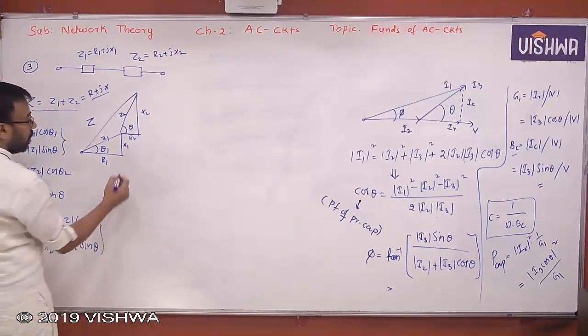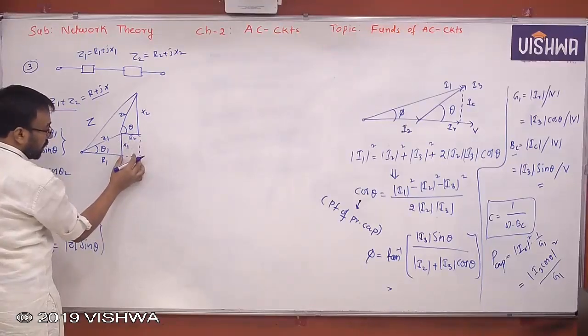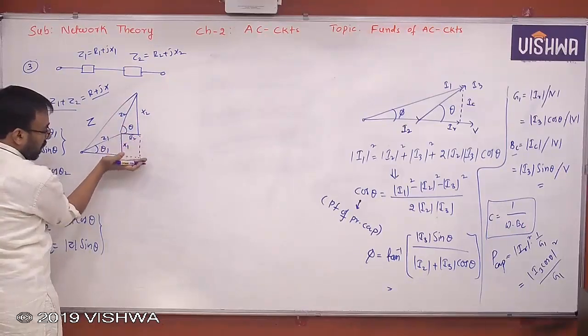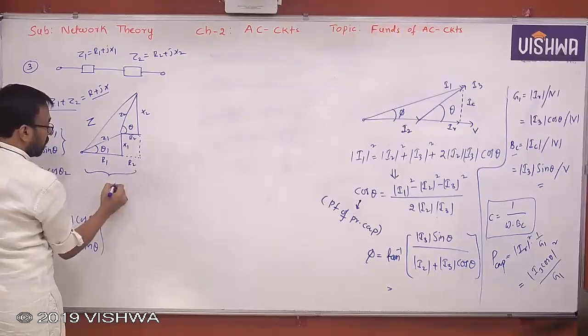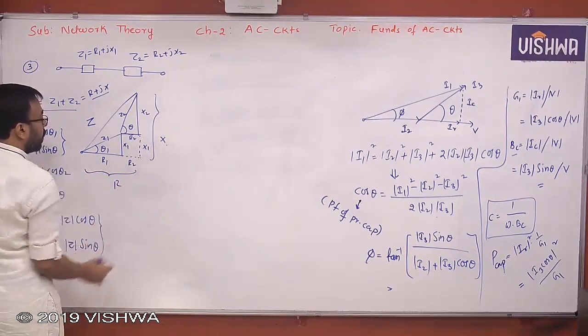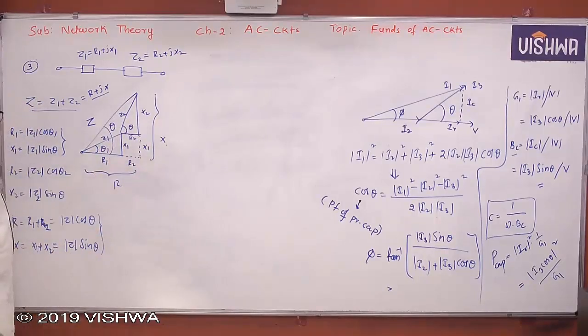So look at this. Yes or no? Z1 cos theta 1 plus Z2 cos theta 2 will give you R1 plus R2, and this is nothing but R. This is X1 plus X2, which is nothing but X. This is actually called theta. Clear? Okay?